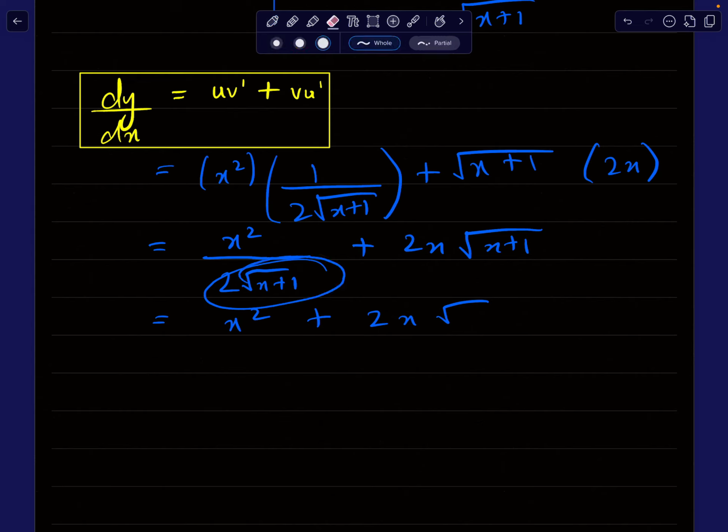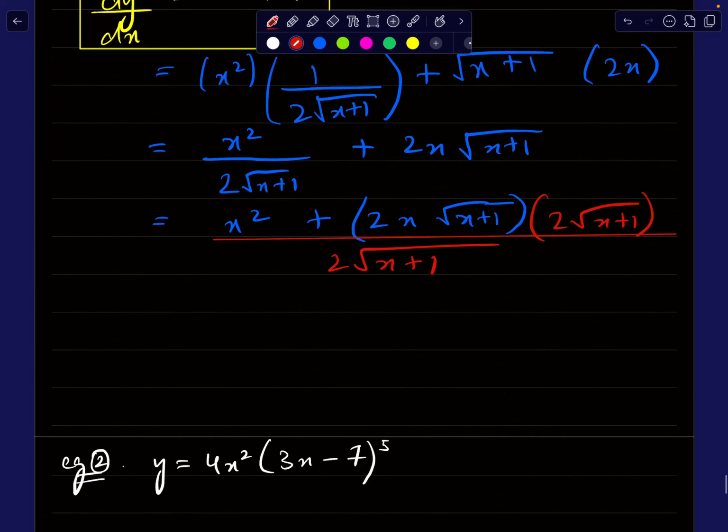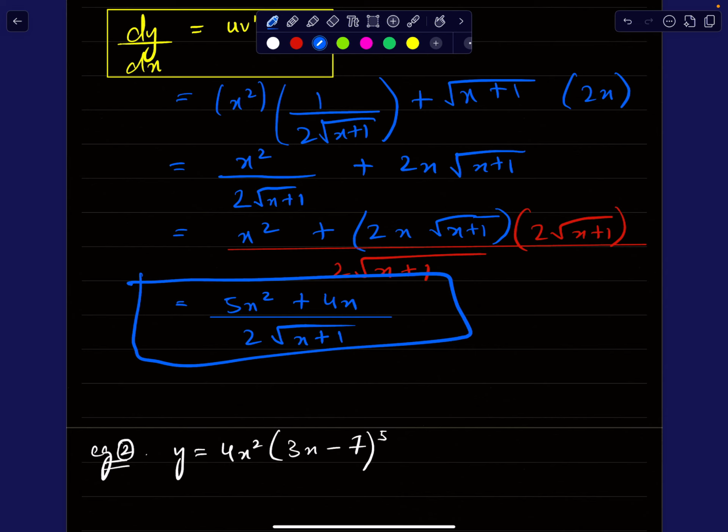No, the denominator is similar but not exactly the same, mind you. So this is the denominator. And this is written down as a single fraction. Further simplifying this, I'd end up with 5x squared plus 4x over 2 square root of x plus 1. This is my final answer.